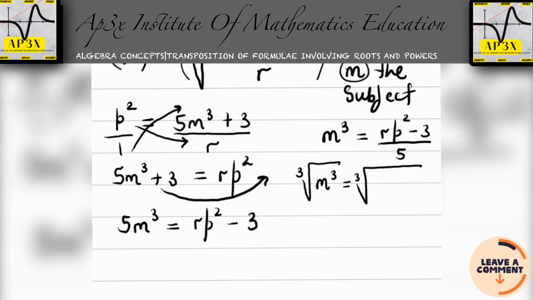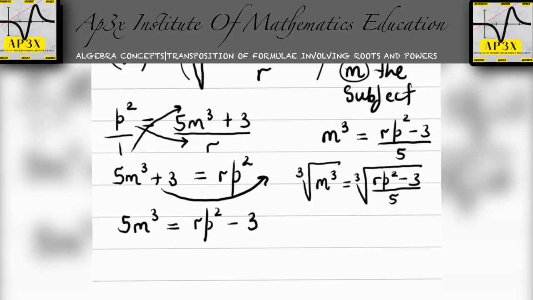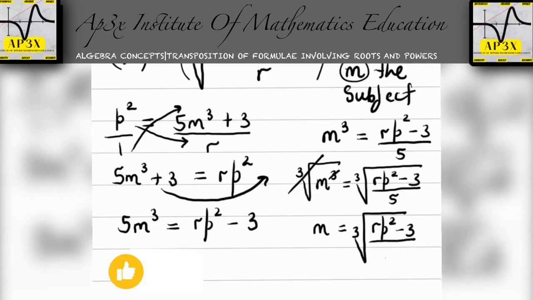So we end up with the cube root of rp squared minus 3 all over 5. And so the cube root will cancel the cube, the power of 3. So we end up with m is equal to the cube root of rp squared minus 3 all over 5. And that is our final result.